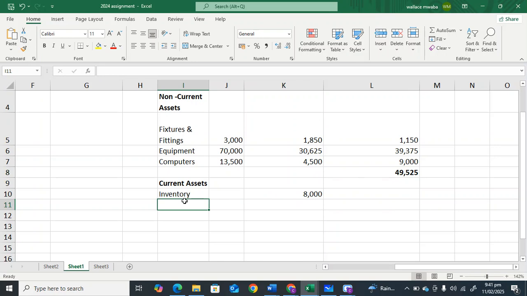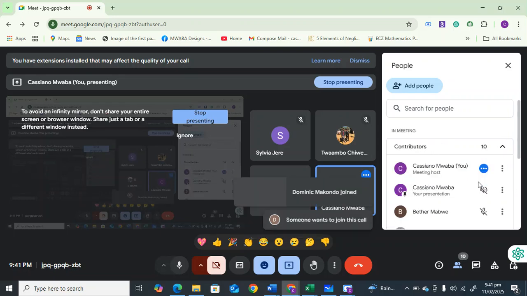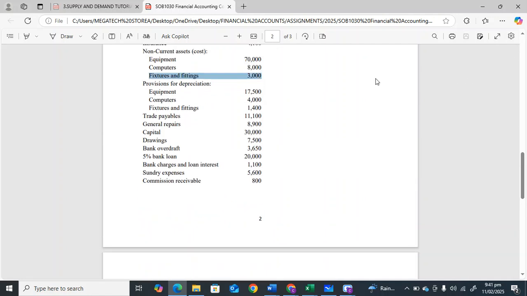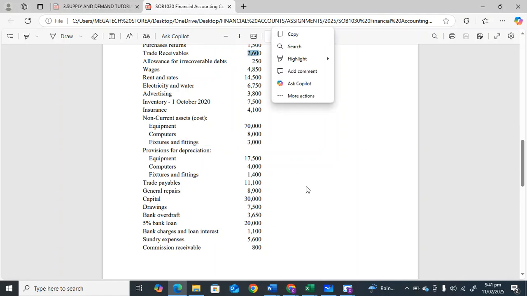The next item that comes is trade receivables. According to our information here, it's 2,600.